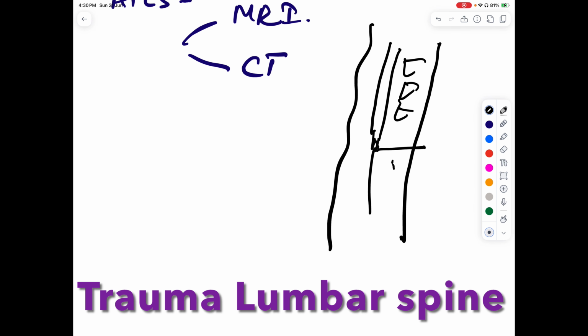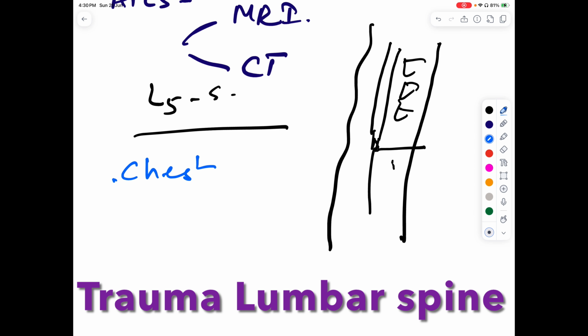So you get an L3 to L5 spine fracture and retropulsion with cord compression. What other injuries may be associated? It can be chest, pelvis, long bones, or abdomen. There is a possibility of any of these.